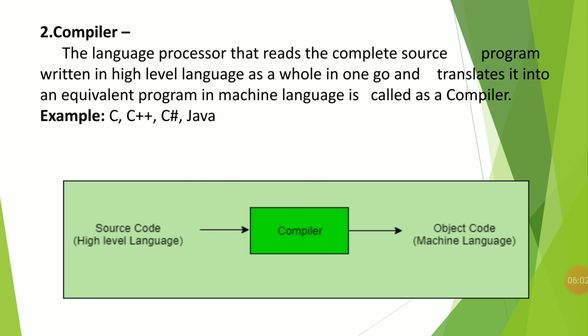After that, if everything is correctly written in the source code, the language translator converts that source code into object code.